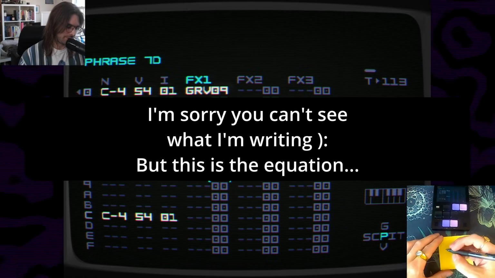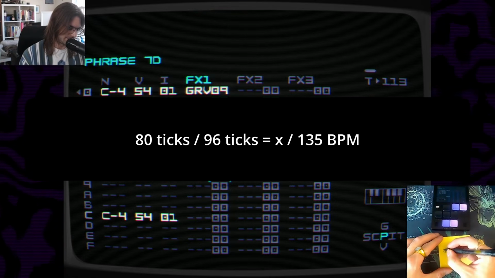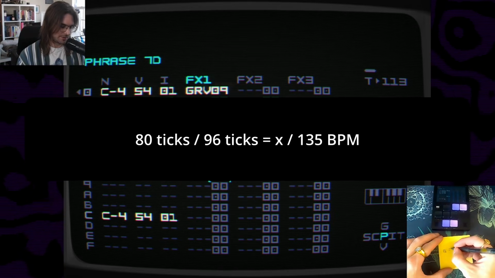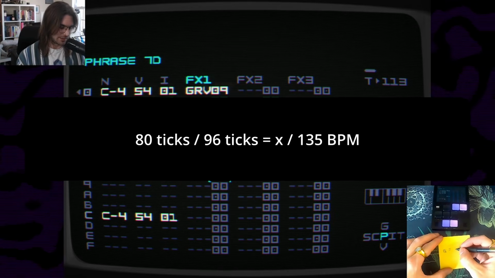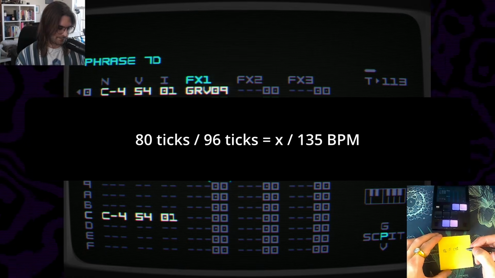So in normal M8 world, a phrase is 96 ticks long, if you remember from before. And our tempo is 135 beats per minute.